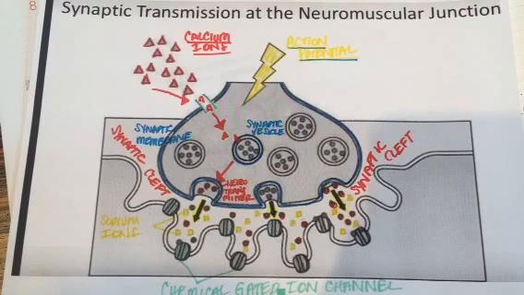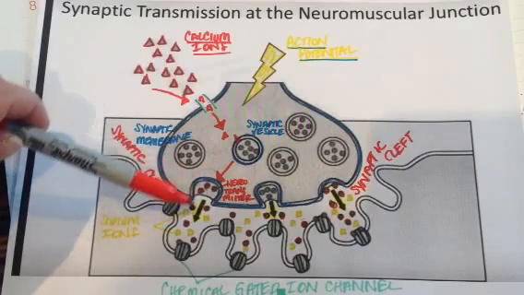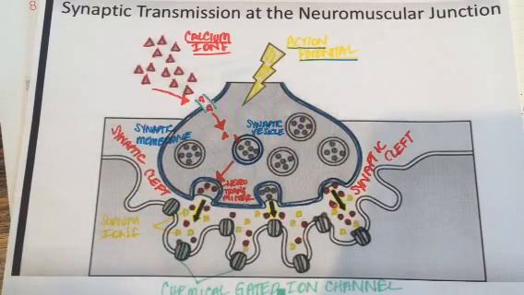So the motor neurons release acetylcholine, a small molecule neurotransmitter, which diffuses across the synaptic cleft. So you can see by this arrow, we're getting diffused across the synaptic cleft.